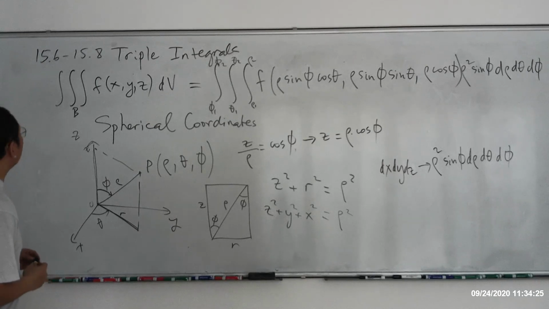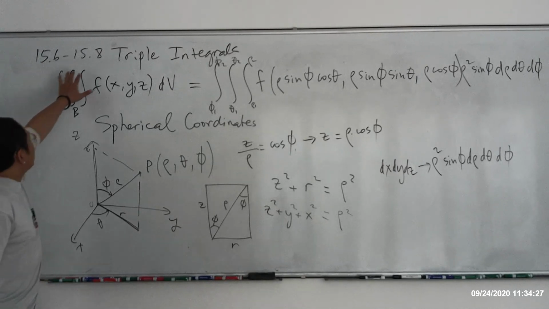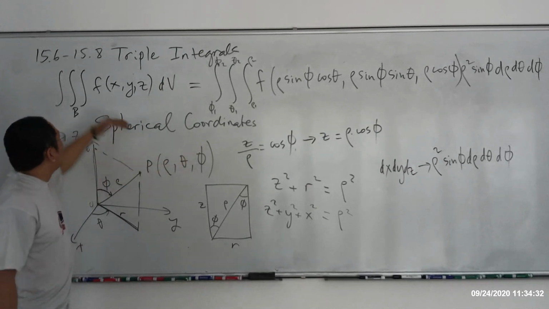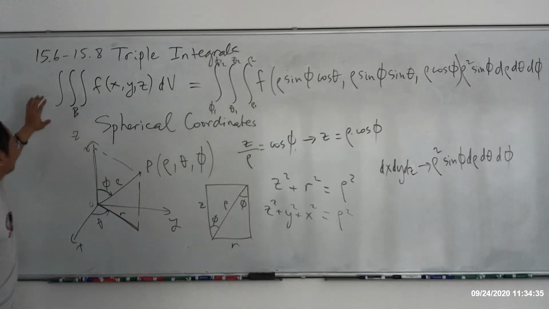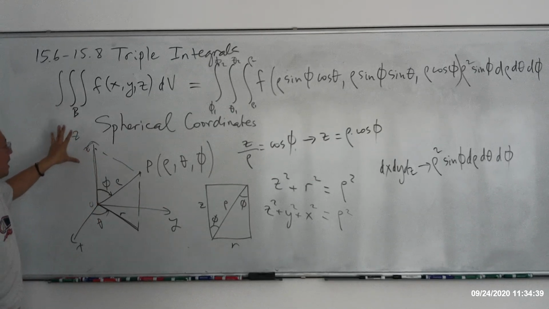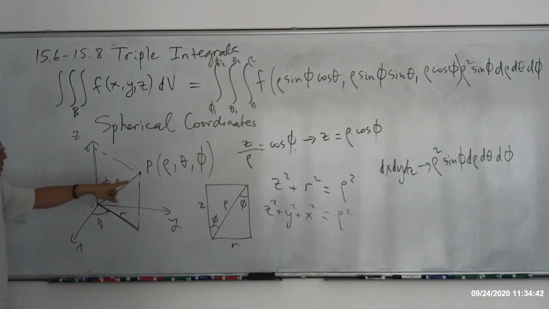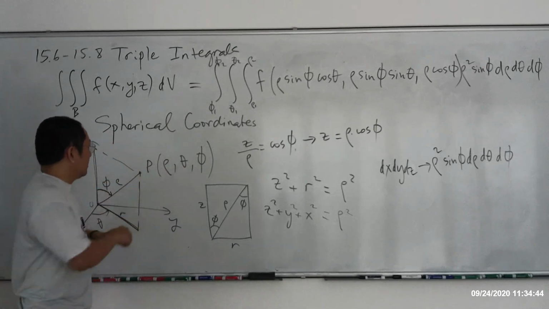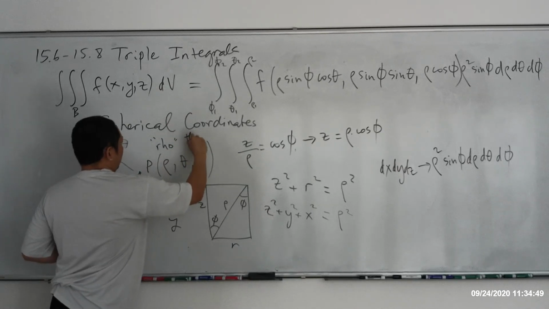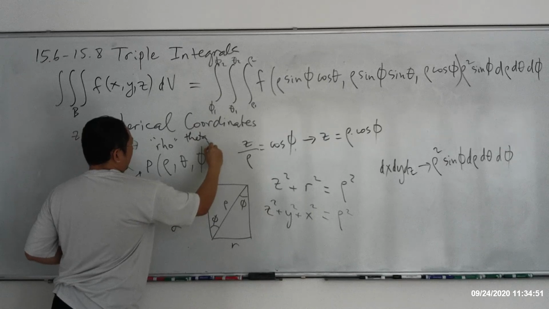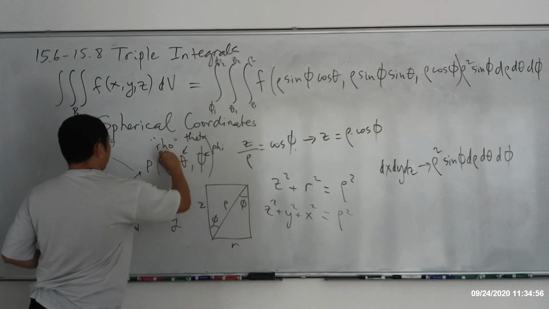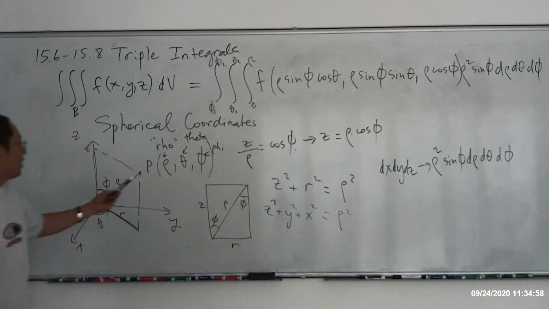Okay, so anyway, the last section that we're going to cover today, 15.8, is triple integrals in terms of spherical coordinates. You have a triple integral where the box now turns out to be a ball, right? And then instead of using dx dy dz, you change to rho, theta, and phi.